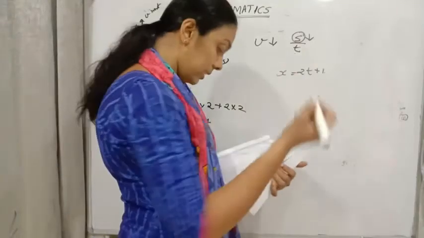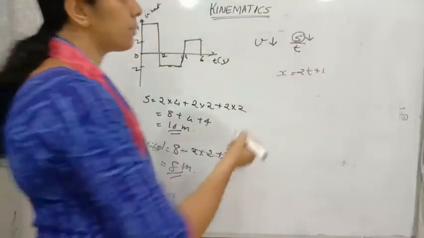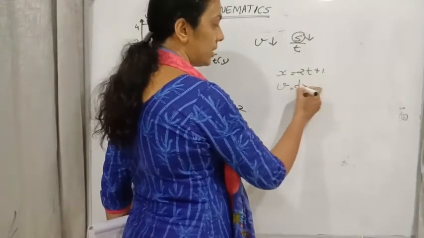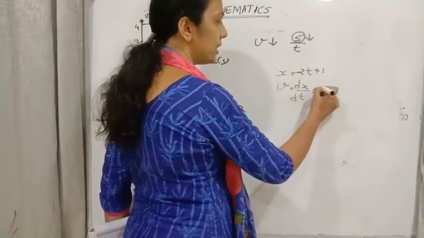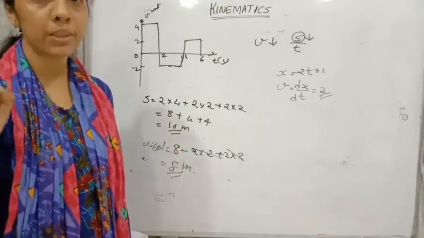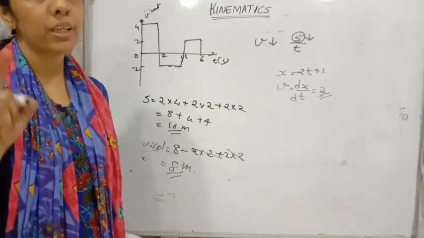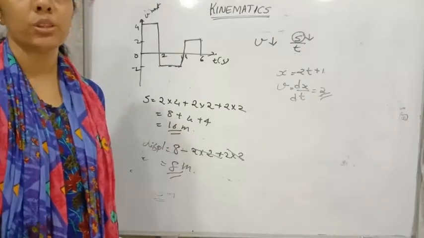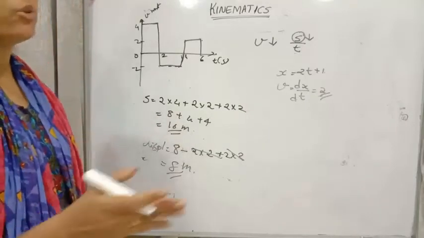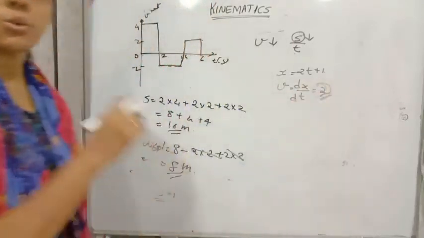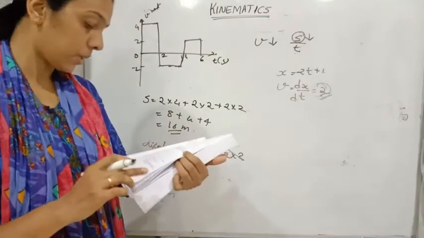If the velocity-time graph is asked, v is equal to dx by dt. dx by dt will be equal to 2. So velocity is not changing with respect to time, so it is under uniform velocity, and the object is under uniform motion. Its velocity is 2, so it's moving with a constant velocity only.